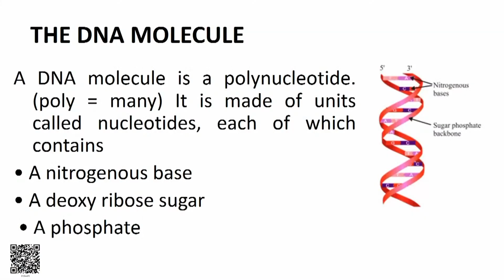Now we are talking about the DNA molecule. A DNA molecule is a polynucleotide. Poly means many. It is made of units called nucleotides, each of which contains a nitrogenous base, deoxyribose sugar and a phosphate.